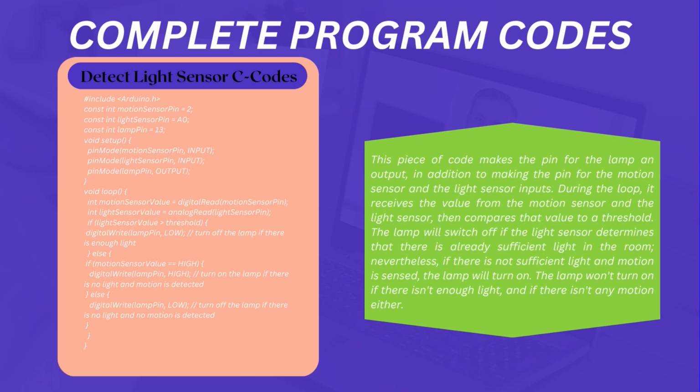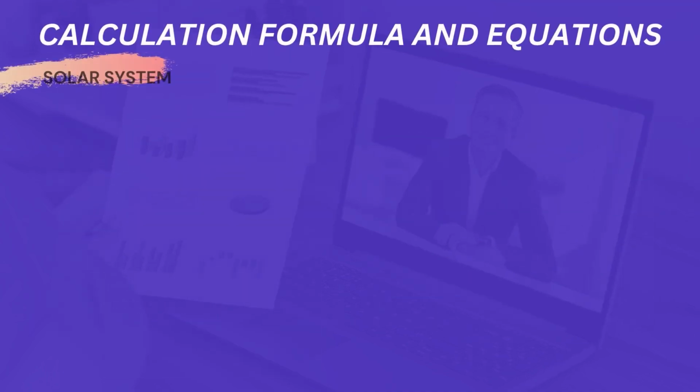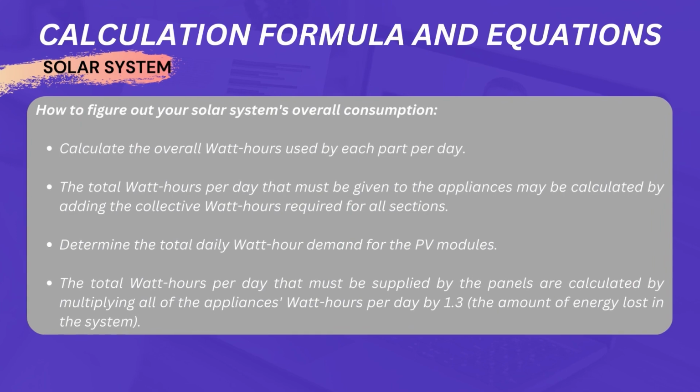The lamp will switch off if the light sensor determines that there is already sufficient light in the room. Nevertheless, if there is not sufficient light and motion is sensed, the lamp will turn on. The lamp won't turn on if there is not enough light and there is not any motion either.